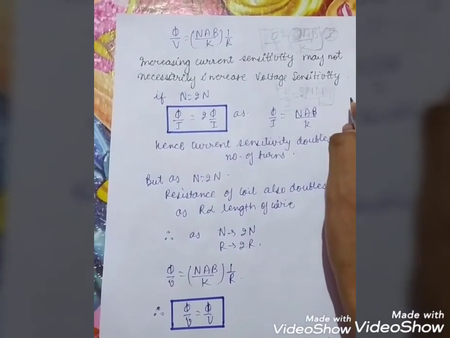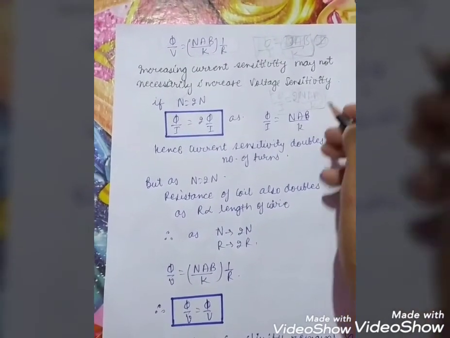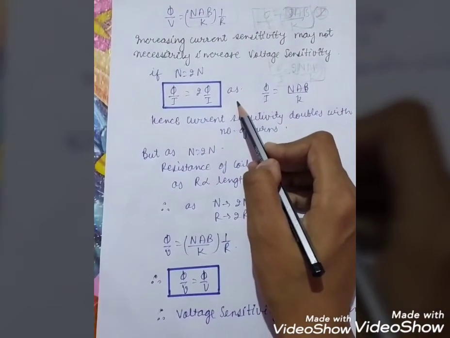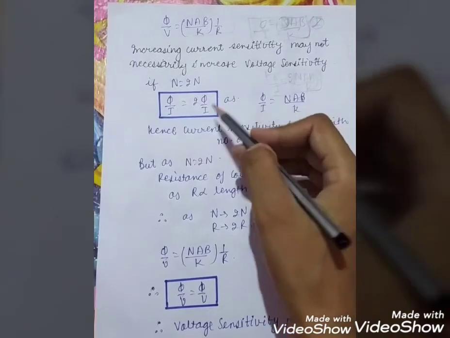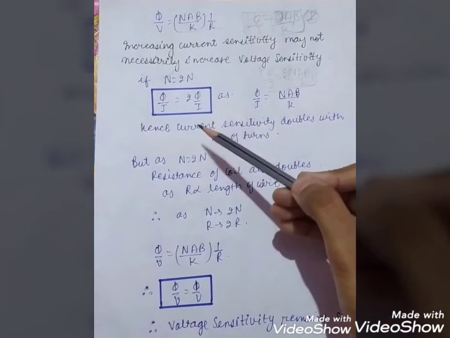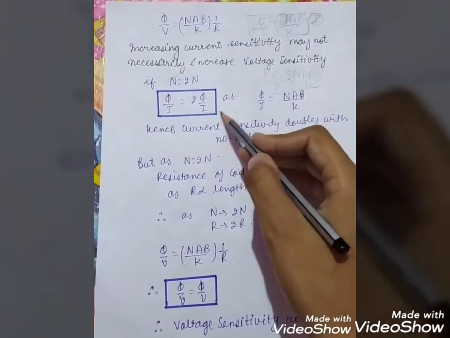Current sensitivity is simply doubling. So if we double the number of turns, the current sensitivity doubles, as we have seen here.